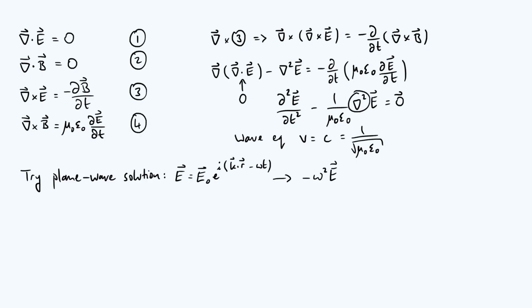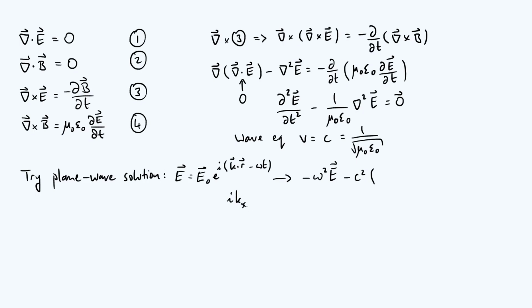And what about this Laplacian? Okay, let's start by writing in minus c squared for this 1 over mu naught epsilon naught bit. The Laplacian, remember, is the second derivative with respect to x plus the second derivative with respect to y, and then the same for z. Now, if you imagine differentiating your electric field with respect to x, you are going to pull down a factor of i k_x, where k_x is the x component of your wave vector k.